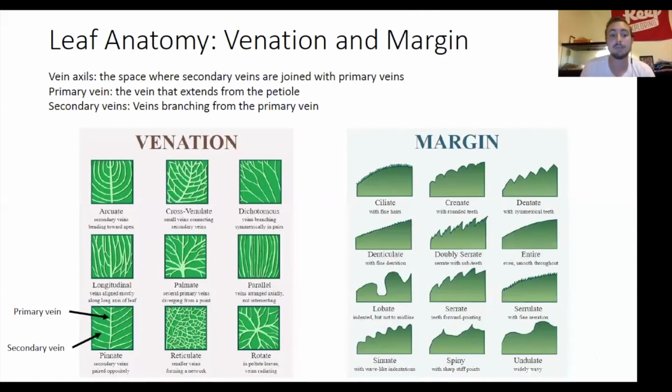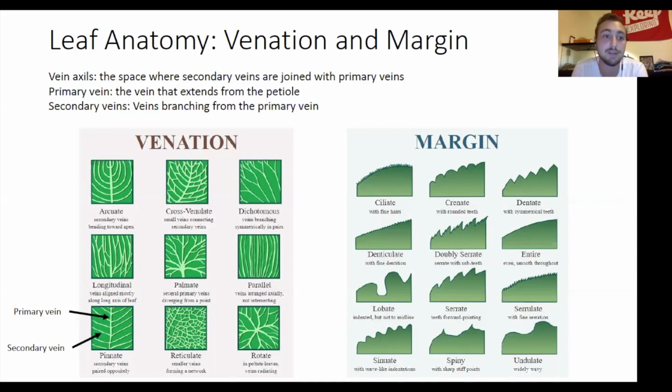So, our leaf anatomy. Remember when I mentioned pinnate at the beginning, it refers to resembling that of a feather. So we have pinnate down here, with our primary vein and our secondary veins branching off. When we discussed our trees last time, all of our trees were lobed, similar to a maple, as well as having multiple veins.